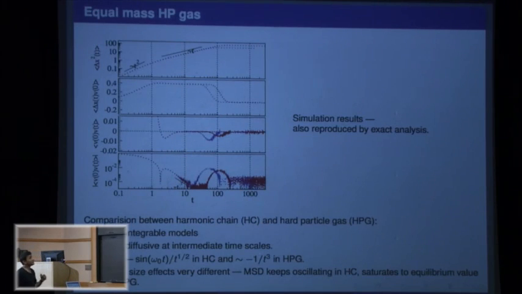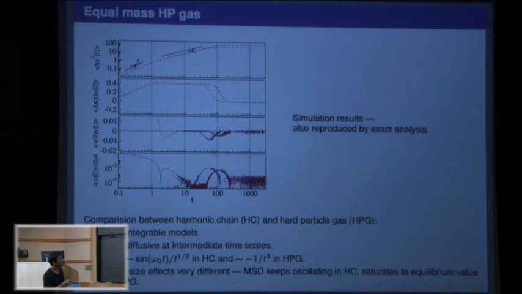Okay, so if you either numerically evaluate those expressions or do a simulation, this is what you will get for the various correlation functions that we are looking at. This is the mean square deviation as a function of time, again for two different system sizes. There is a short time where it's ballistic, then a diffusive regime, and then this finite size effect.